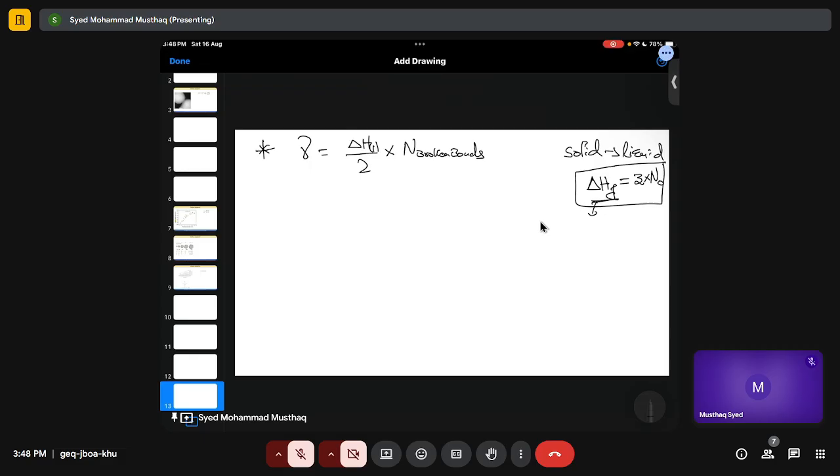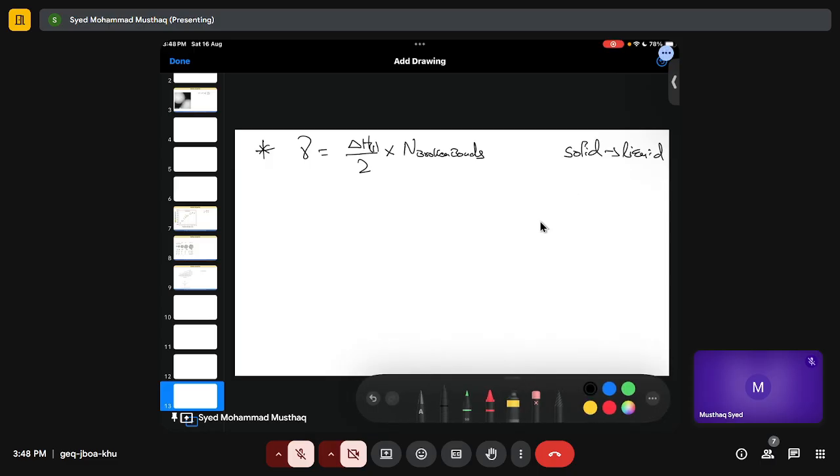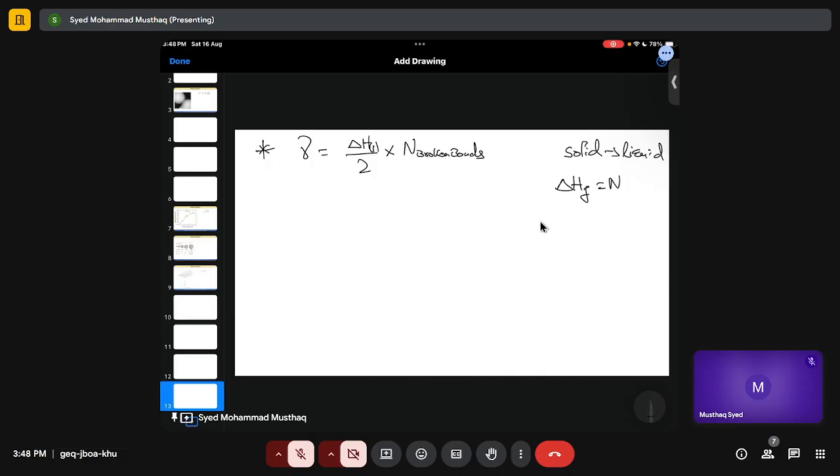Okay, now, oh sorry, there is another term, right? Sorry, I missed one part. Okay, so everything else goes the same. Delta H fusion will be equal to Avogadro number times the coordination number.